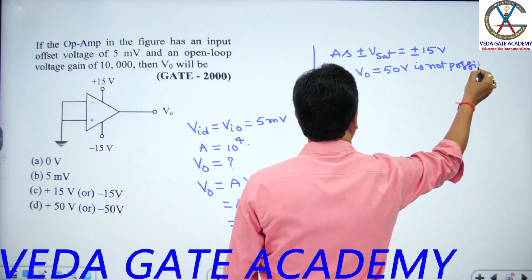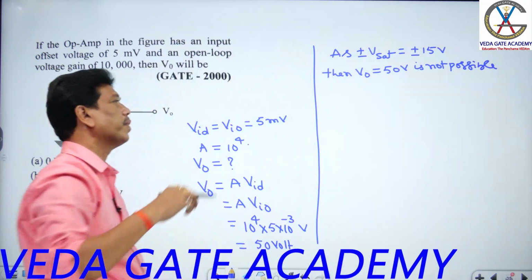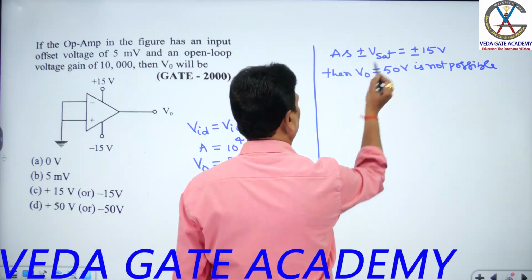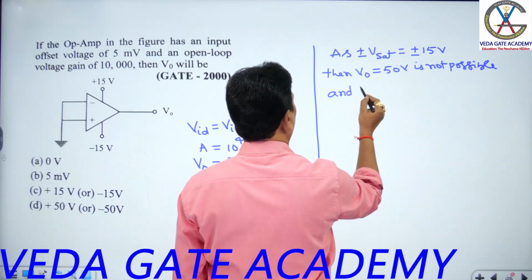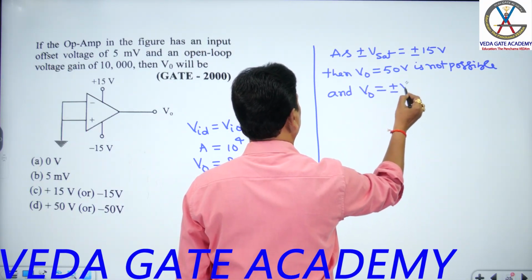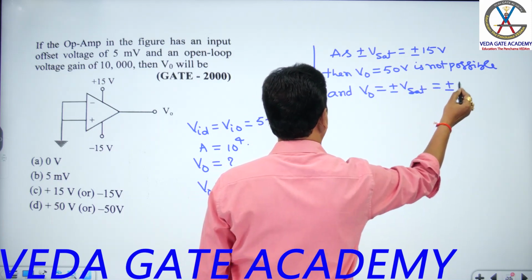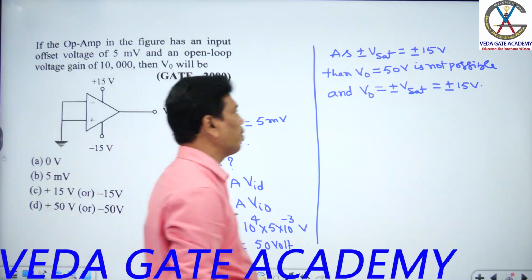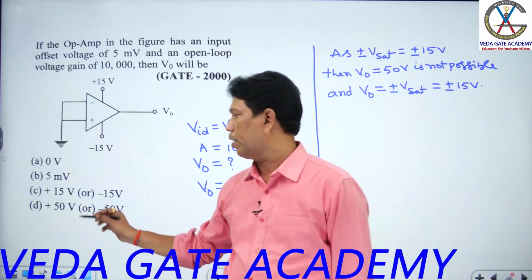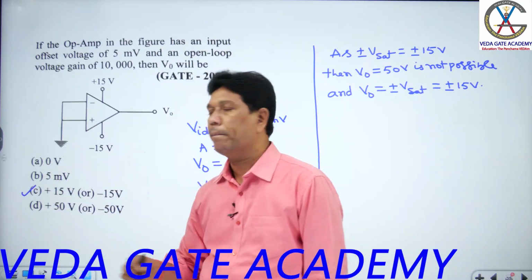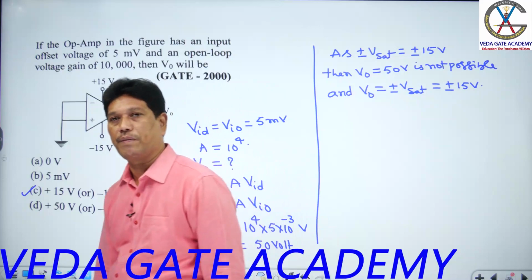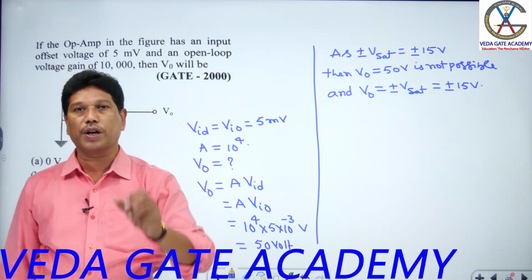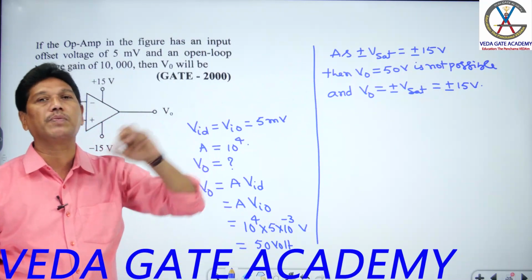Maximum output must be within plus or minus 15 volt only. So V naught equal to 50 volt is not possible, so the op amp is in saturation mode, and V naught is plus or minus V sat, that equals plus or minus 15 volt. So either plus 15 or minus 15, that would be C. Originally 50 volt, but that is not possible because it is already beyond the scale of saturation, so the output is just plus or minus 15 volt only.